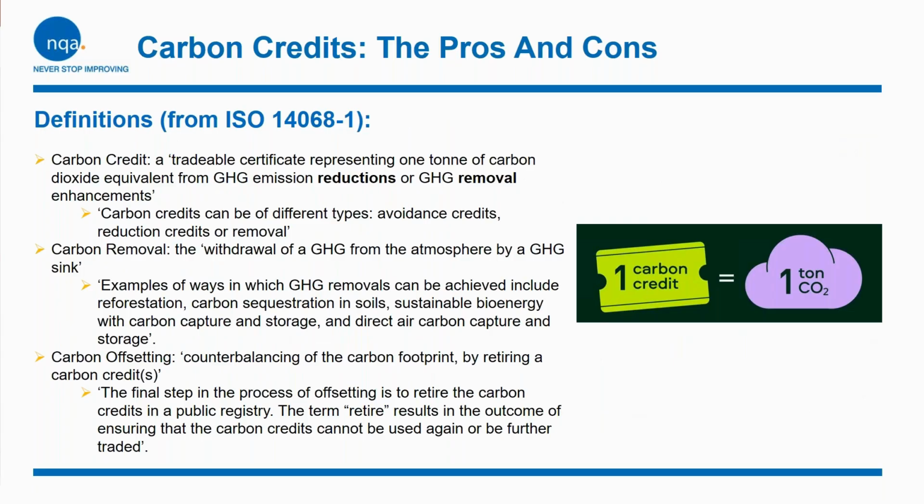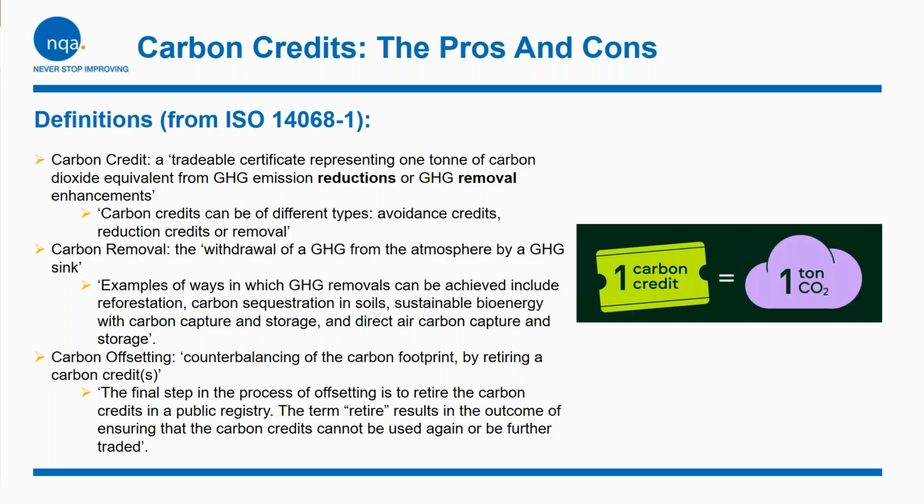So a carbon credit is a tradable certificate representing 1 tonne of carbon dioxide equivalent from greenhouse gas emissions reductions or greenhouse gas removal enhancements. So a carbon credit can be of different types. There's avoidance credits, carbon reduction credits or removals.